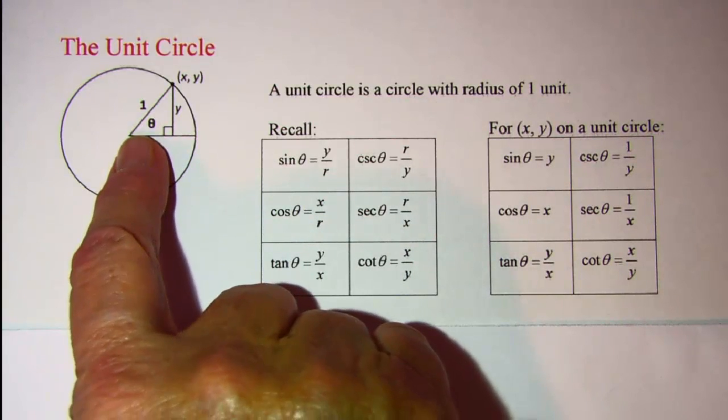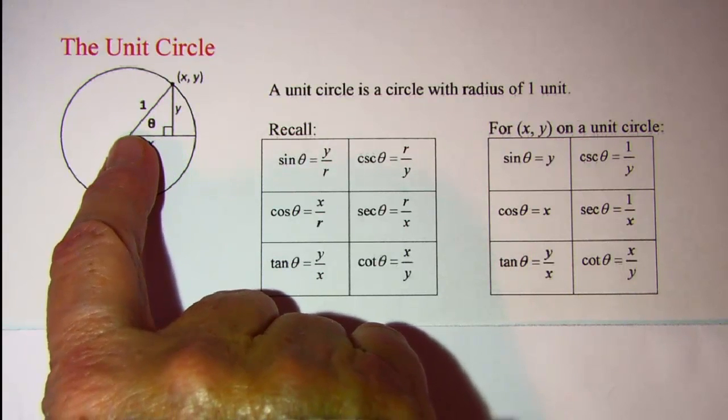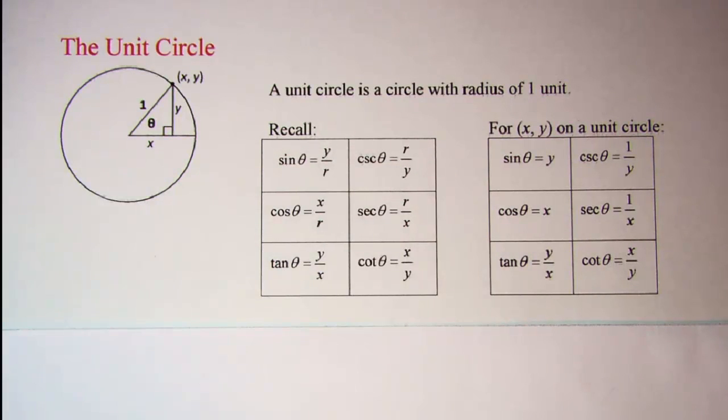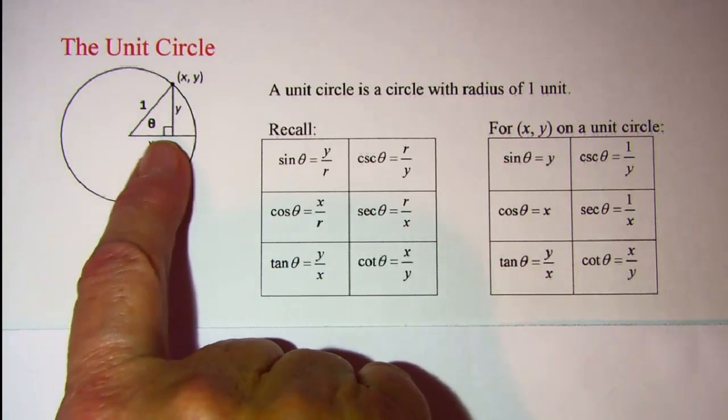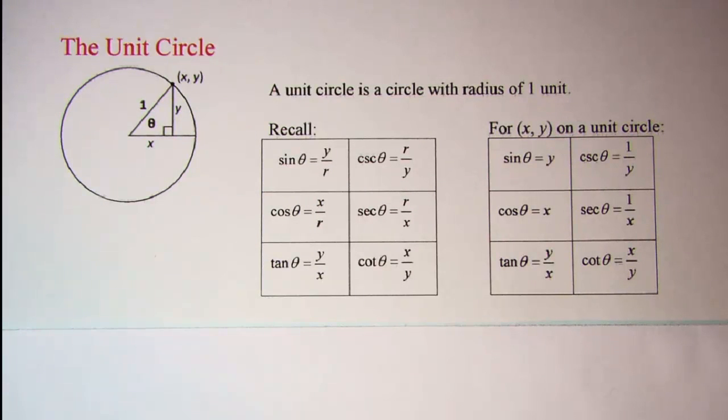So on our diagram here, you'll see that the radius, which is also the hypotenuse of the right triangle we have there, is 1. So the radius is 1, and the x value and the y value are just the coordinates of the point at the end of the radius.